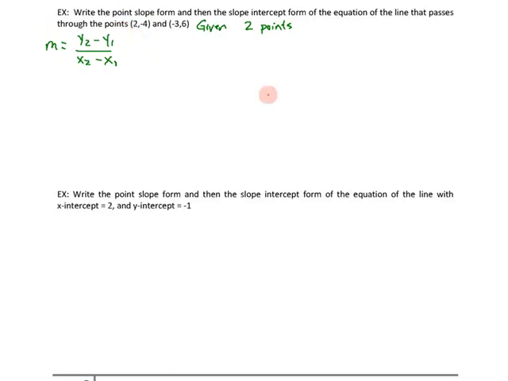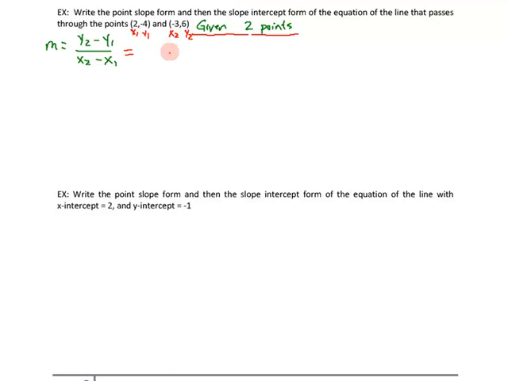All right, so if you're given 2 points, start by finding the slope, right? So let's say this right here is x1, y1, and this is x2, y2. It doesn't matter which one is your first point and which one is your second point. It'll give you the same answer either way.